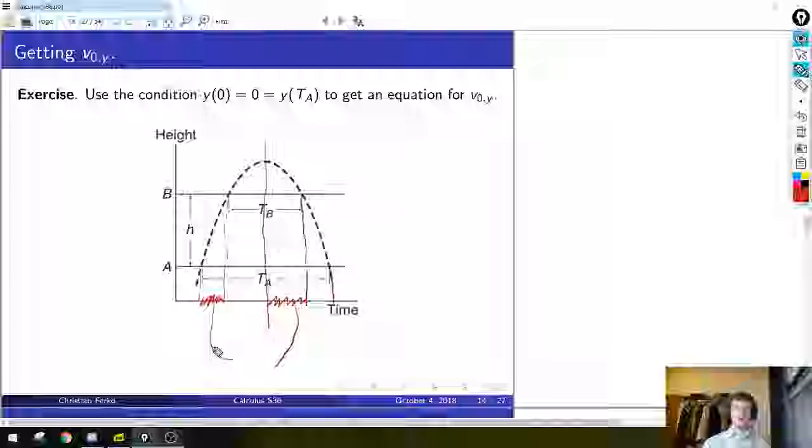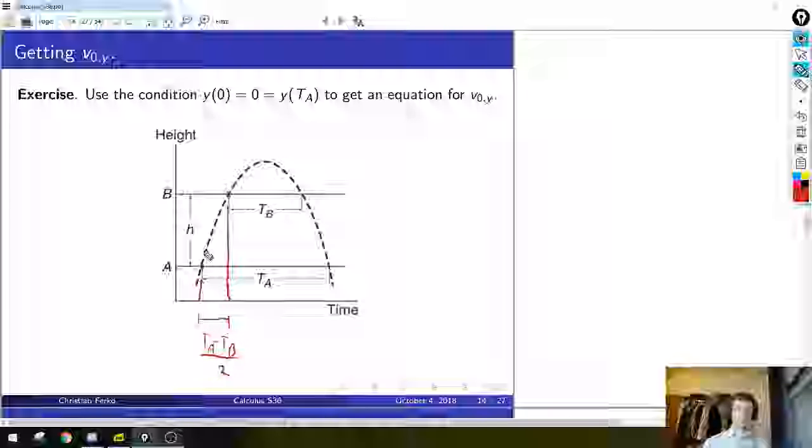So the sum of these two regions has to be ta minus tb. But by symmetry, the two are equal. So that means that this time, when the object goes from height 0 up to height h, must be ta minus tb over 2.